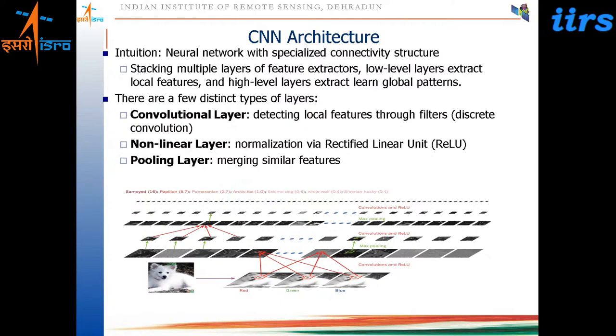This scaling is done with the help of max pooling. Max pooling is nothing but a scaling of the features, and it works on the principle that even if you reduce the scale, the objects or features identified at a particular layer are not going to change.